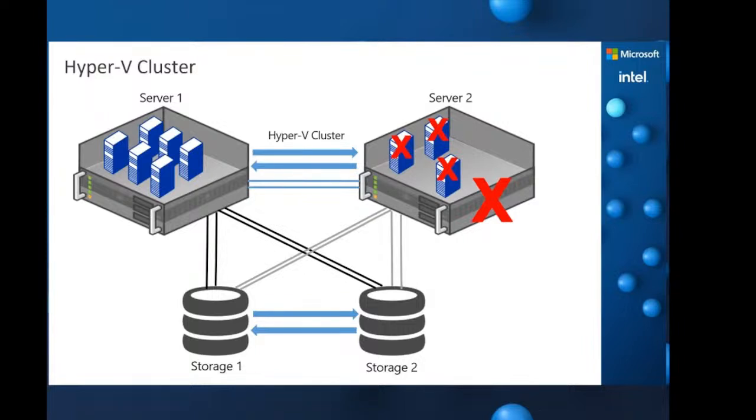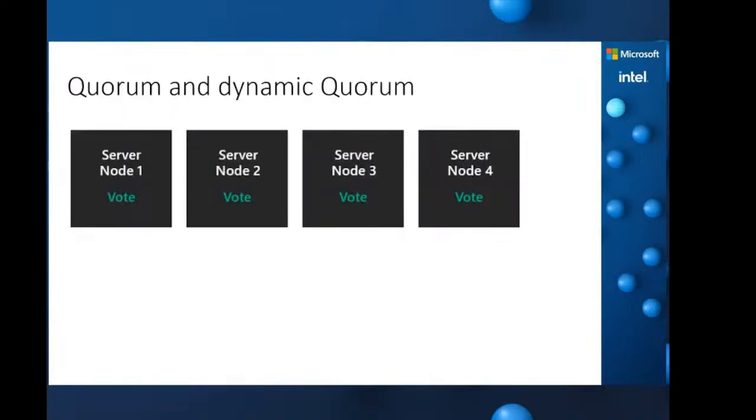When we talk about this clustering, it's important to understand that each node in a cluster has a vote. So each of the nodes we can see here has a vote to ensure that we can build a majority set if anything fails. So if anything fails, a server or a storage or a cable, the cluster checks if it can get the majority of the votes.